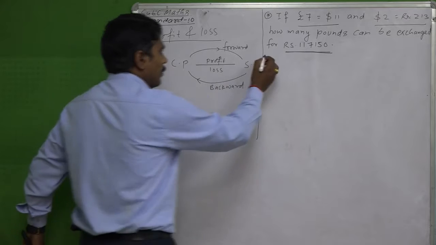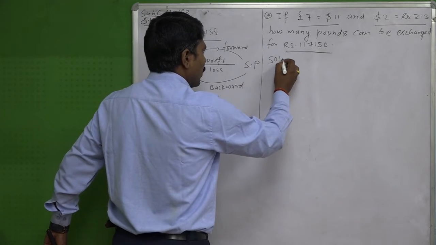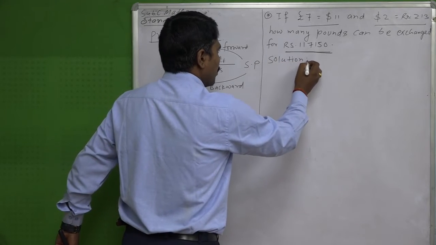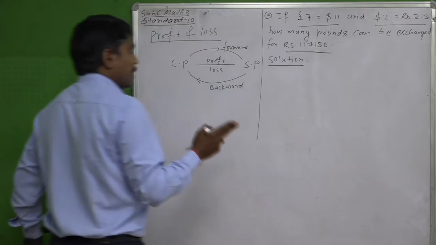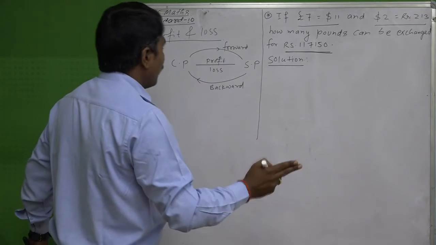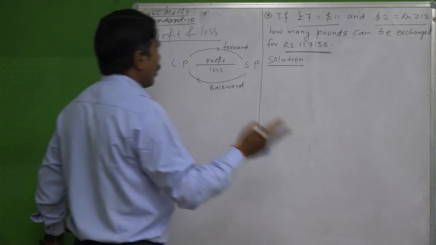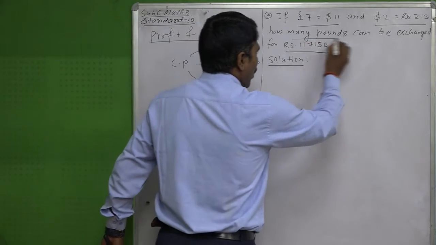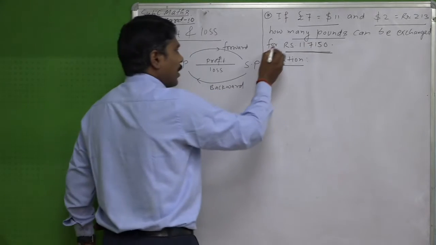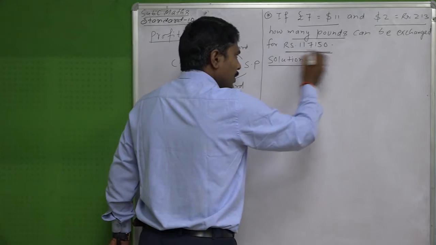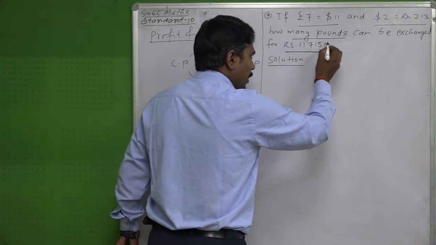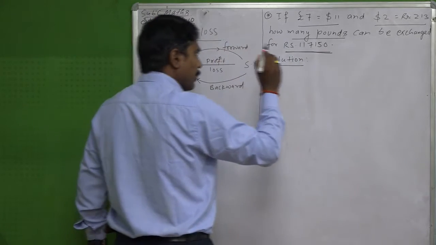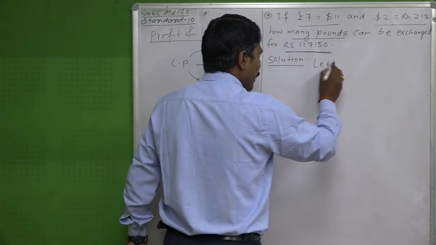For this problem you can solve by using both methods, but if you solve by the chain rule method it will be easy for you. So how many pounds can be exchanged for rupees 1,17,150?